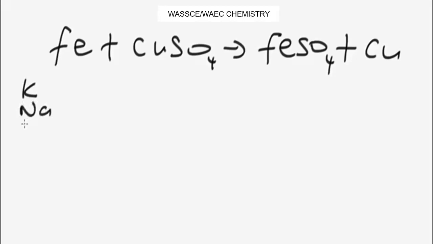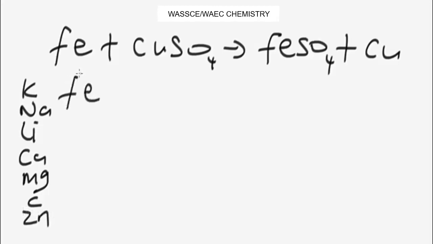We have sodium, lithium, calcium, magnesium, carbon, zinc, iron, hydrogen, and copper. So this is the reactivity series of metals.